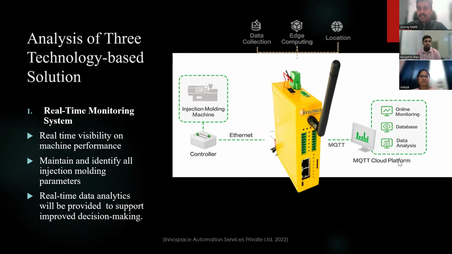These parameters can be identified in the molding machine, giving real-time visibility on machine performance. If anything is off track, or any of these parameters vary, it can be controlled, and thereby we can stop the production of defective parts.